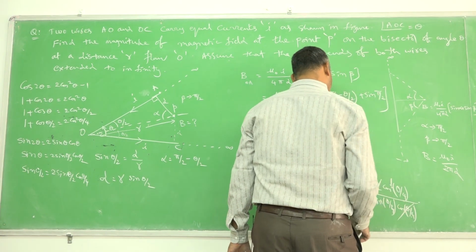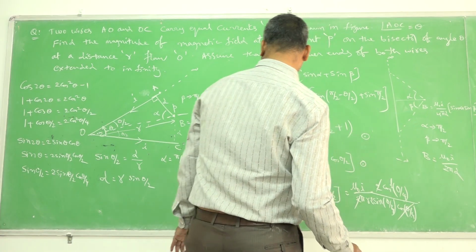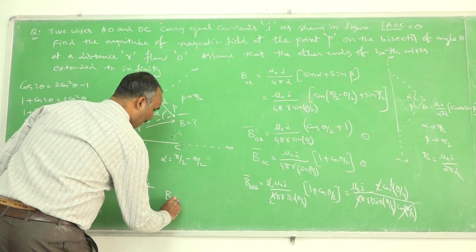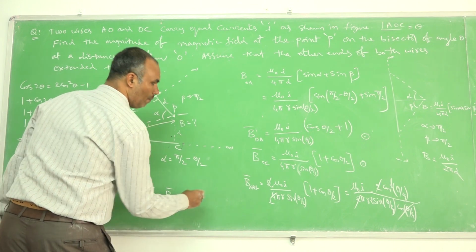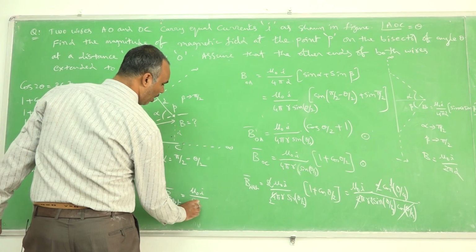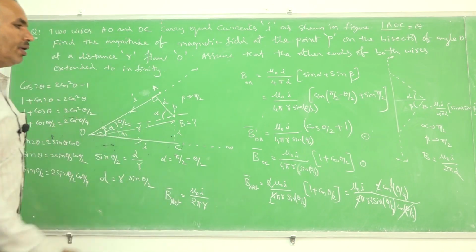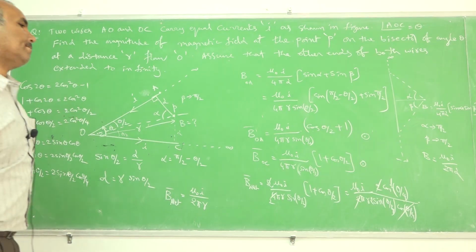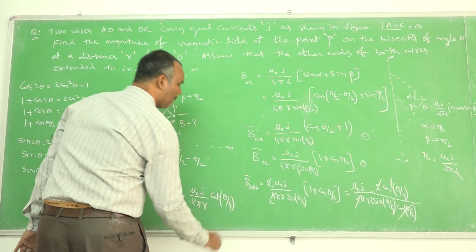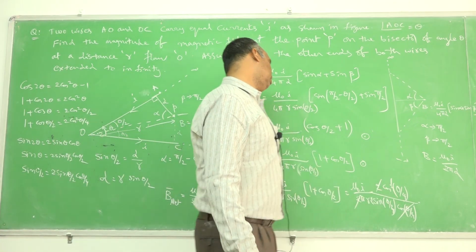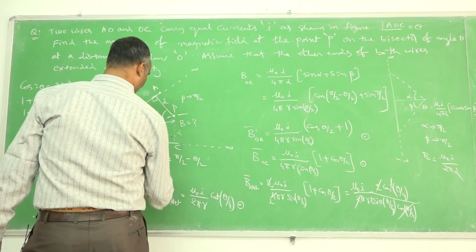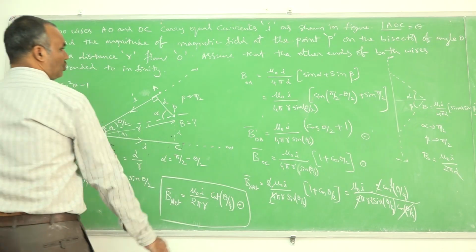Cos theta by 4 and the square get cancelled. So net magnetic field B net bar is equal to mu naught I by 2 pi r cot theta by 4, out of the paper. This is the solution for the question.